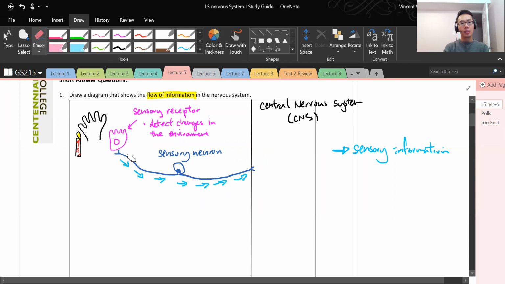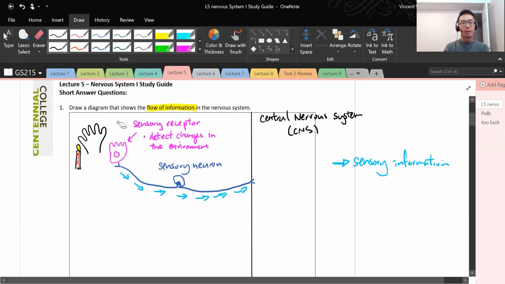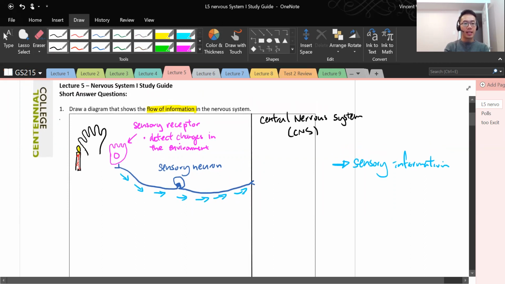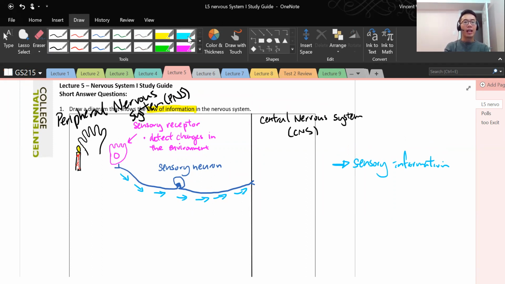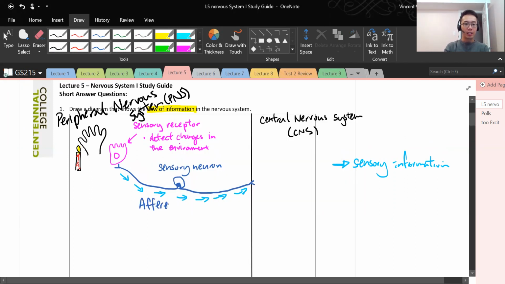So this pathway that takes the information from your peripheral nervous system out here, your PNS, this is called the afferent pathway. A-F-F-E-R-E-N-T. It takes sensory information from the PNS to your CNS.